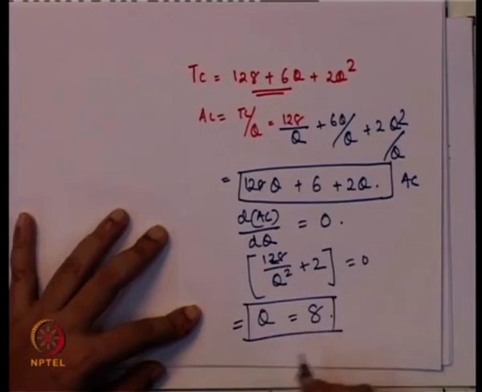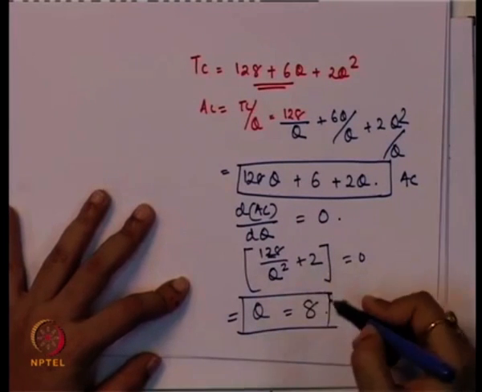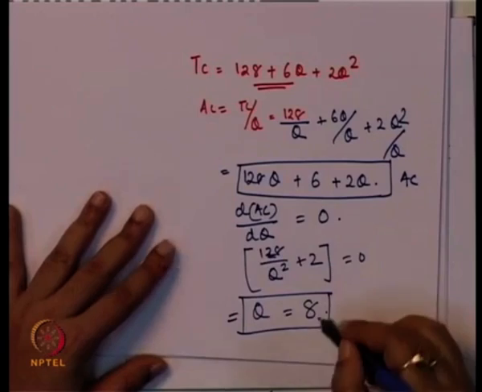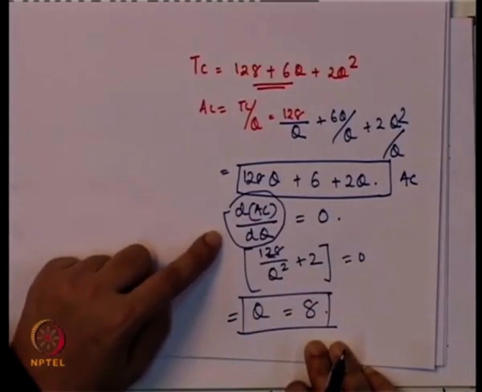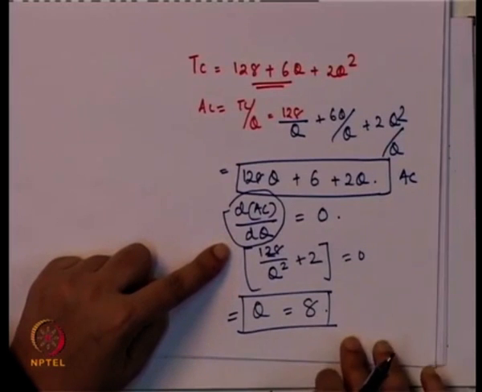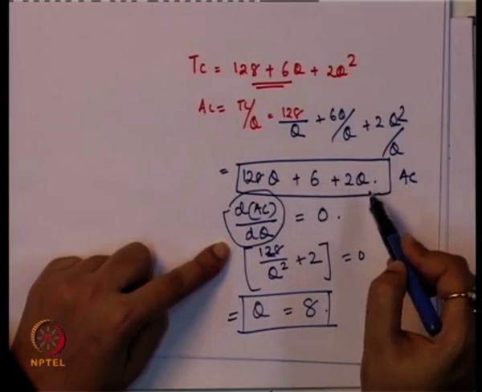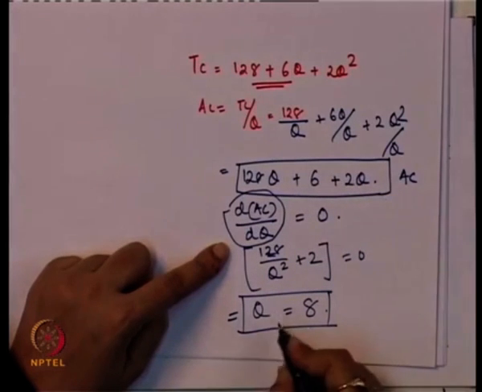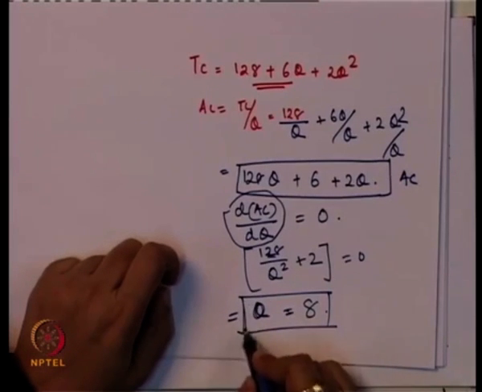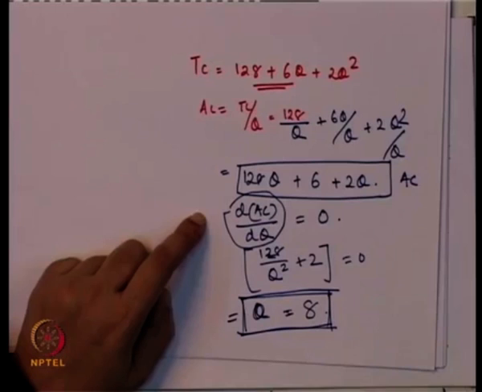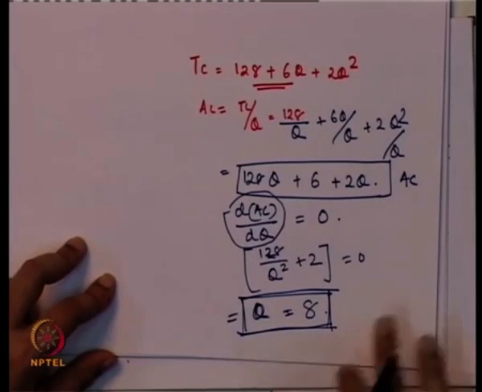Now how do we interpret this q is equal to 8? Mathematically, we find where average cost is minimum by taking the first order derivative of average cost, 128/q plus 6 plus 2q, with respect to q. In this case we get q equal to 8, and if q is equal to 8, then this is the level of output where the average cost is minimum.